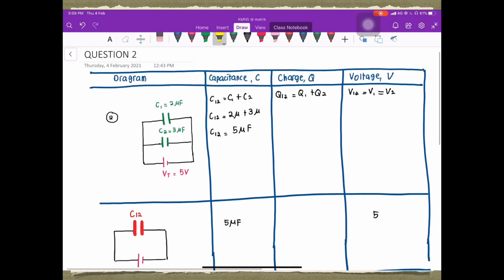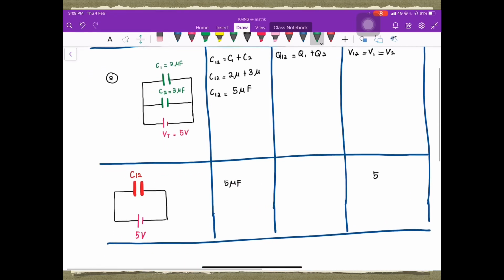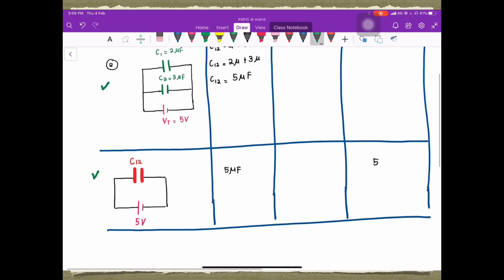Question number 2. First step, construct a table consisting of diagram, capacitance C, charge Q, and voltage V. This is step 1. Step 2, we need to draw from the complicated circuit to a simple circuit.